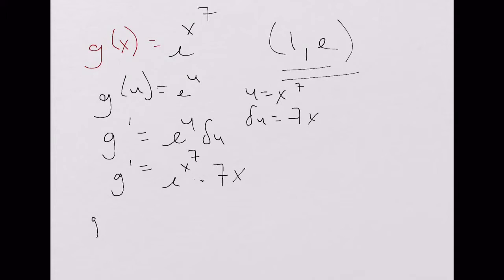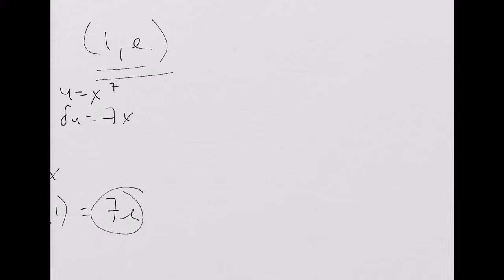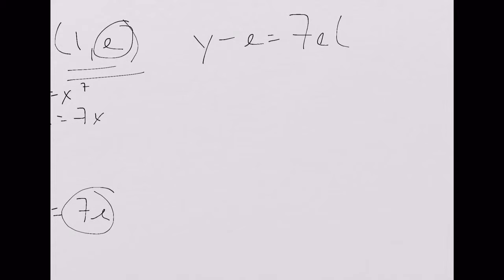If I want to find out what the slope is at 1, I just plug 1 into my slope generating function. So I get e to the first power times 7. So I get 7e. So this is my slope. And now using point slope form, I have y minus my y1 equals my slope times x minus my x1.